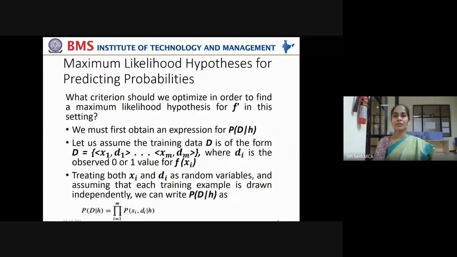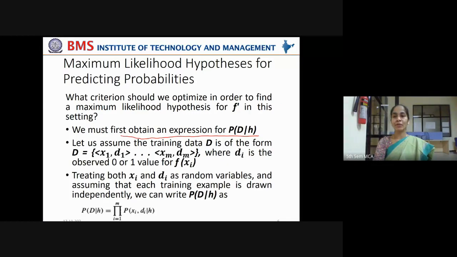Now, what criterion should we optimize in order to find the maximum likelihood hypothesis for f dash in this problem setting? In this case, we must first obtain an expression for probability of D given H. Okay, what is probability of D given H?